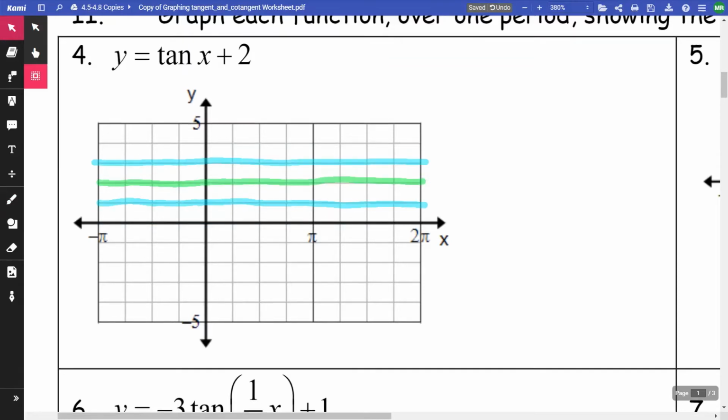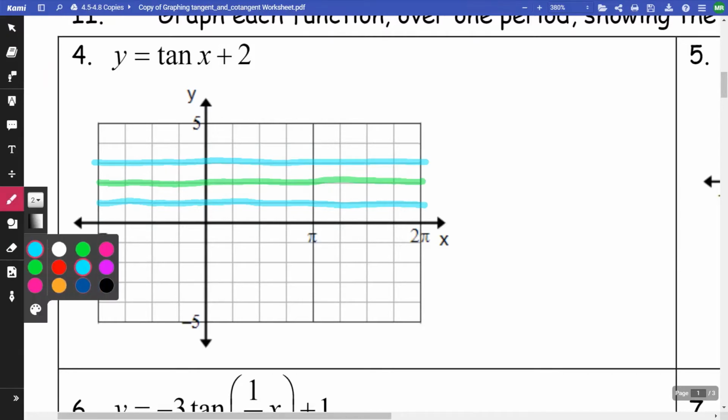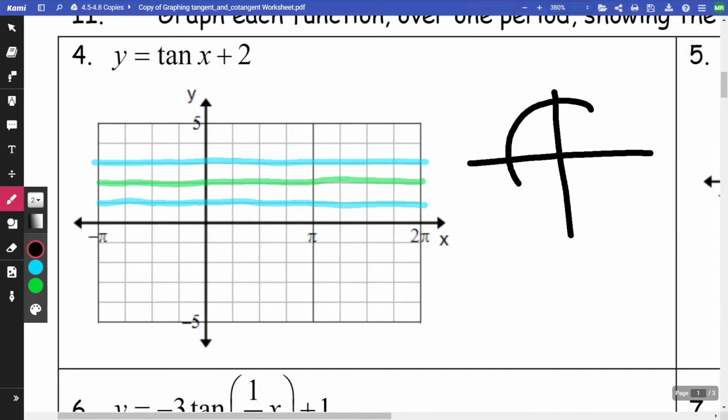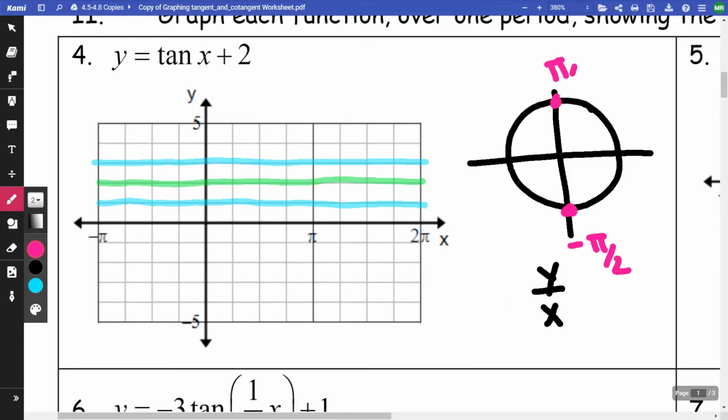And for my tangent, if I'm thinking about my unit circle, and tangent is y over x, where is my cosine 0? So it's 0 here and here. So normally I'm going to go from negative pi halves to positive pi halves. And then I'm going to be plotting my -1, my 0, my 1.